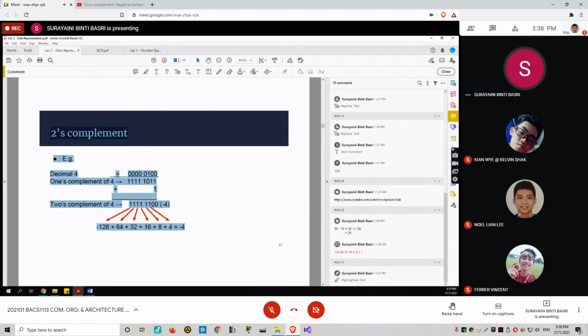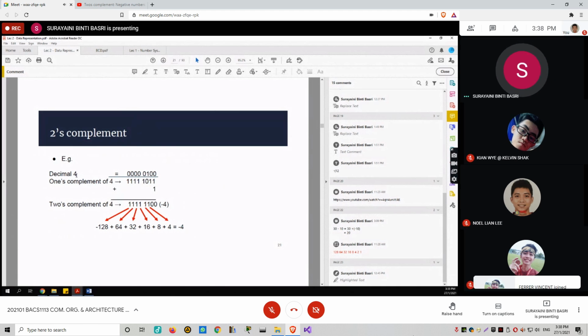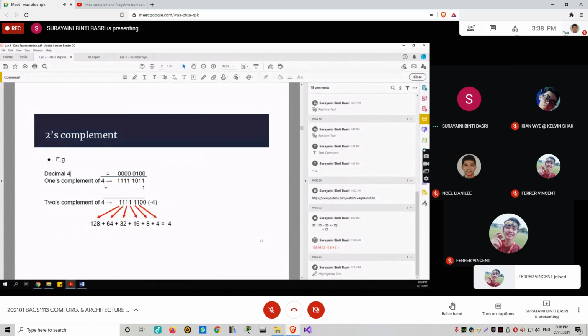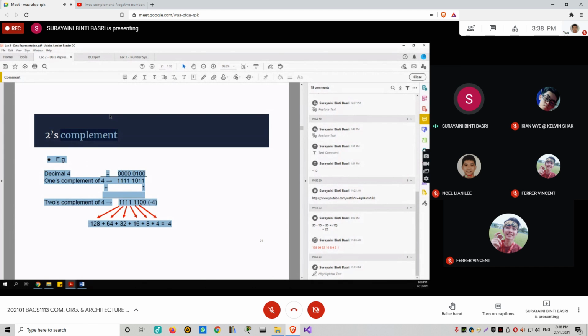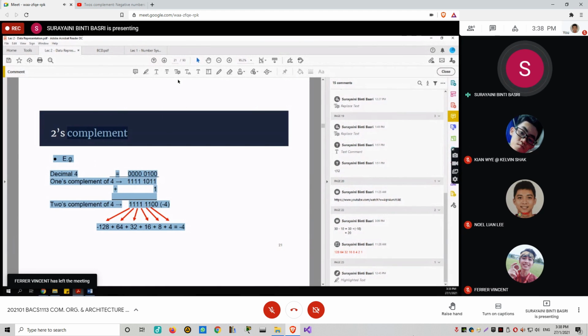This is the way that you need to solve, that you need to do when you are looking for the negative version of a number. Meaning the conclusion or the summary of the video that we watched just now. Okay? So bookmark this page. I don't know how to bookmark this in PDF, but just put somewhere in your notes, meaning that page 21 is important.